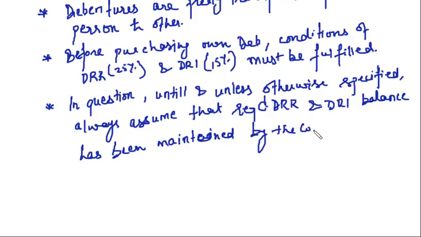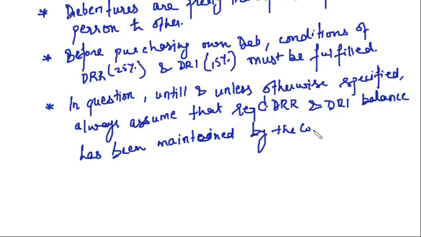He says that you have to comply with the conditions of DRR and DRI, but unless the question otherwise specifies, you will always assume that the required DRR and DRI balance has been maintained by the company. So you will make this assumption.